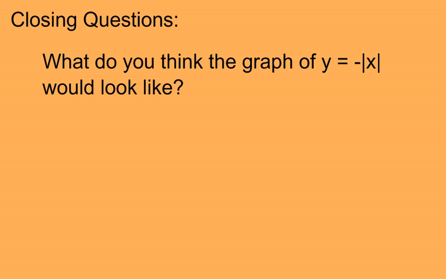You could also have something like y equals 6 times the absolute value of x, or y equals the absolute value of 6x. So that's going to make it dilate either wider or narrower, and for the negative, I'm going to give it away. I want you to think about it first, but it will actually make it go upside down.